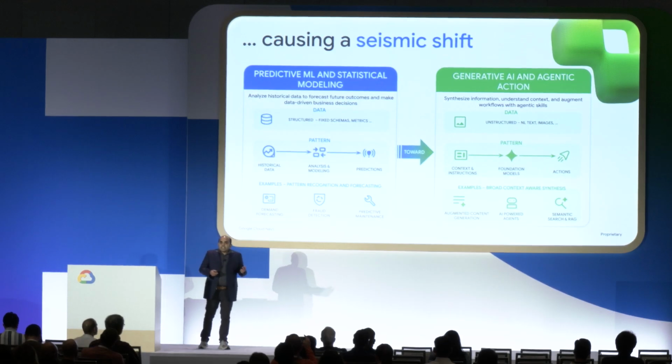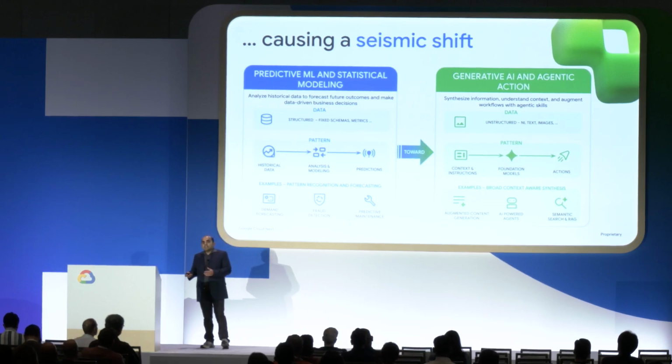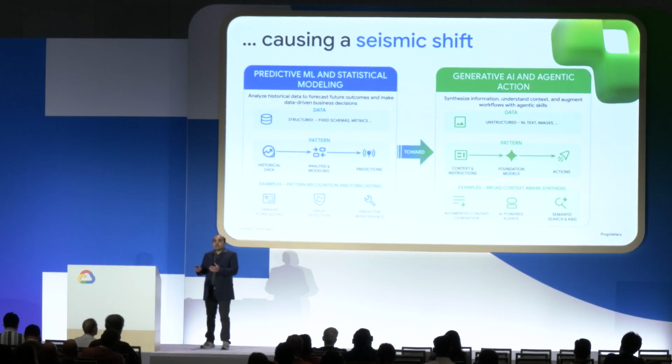It has secondly changed the patterns, which is from analyzing historical data and running predictions on them, we're now moving into providing intelligent business context to foundation models and letting them take action on your behalf with your supervision, right?